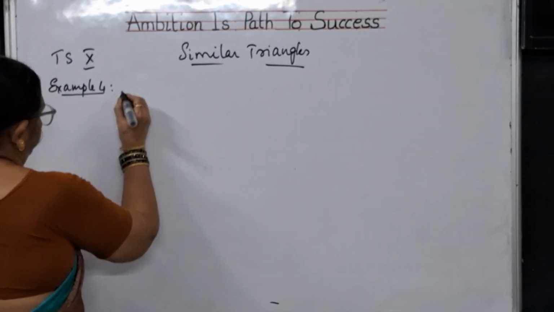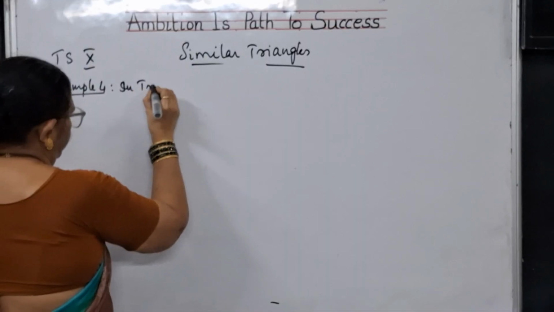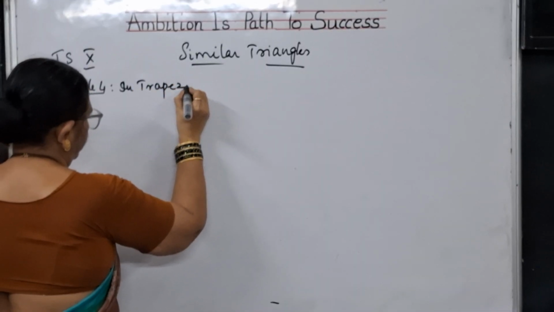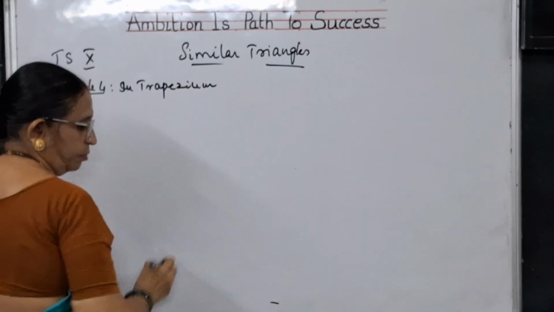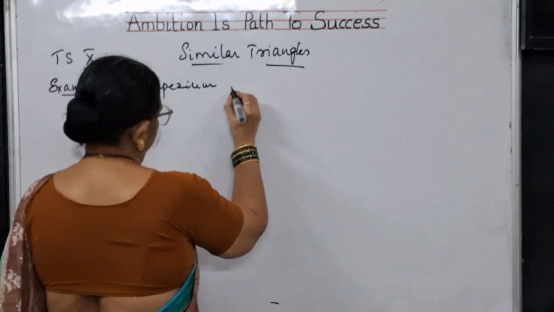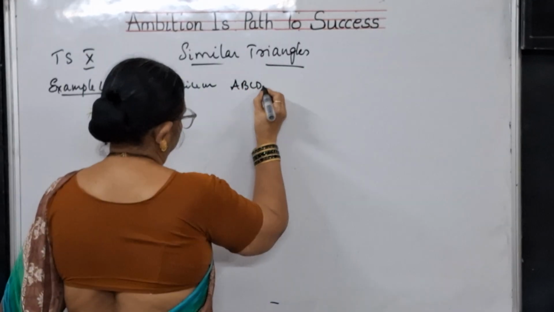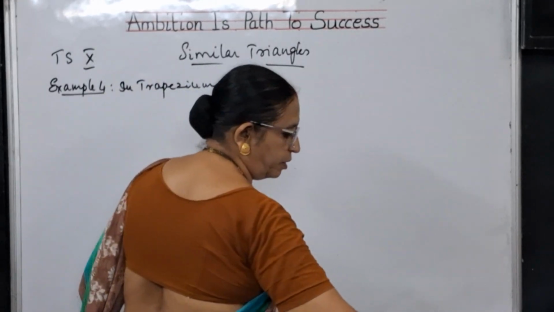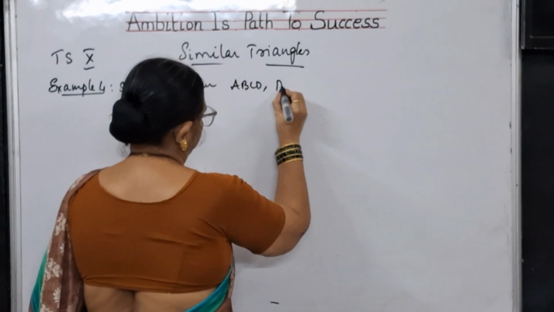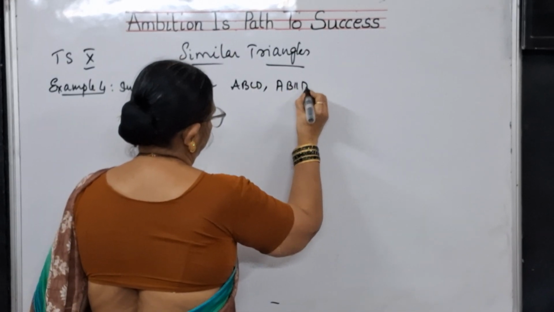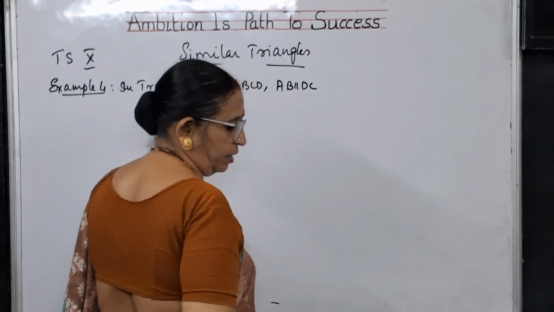In trapezium ABCD, AB is parallel to DC.